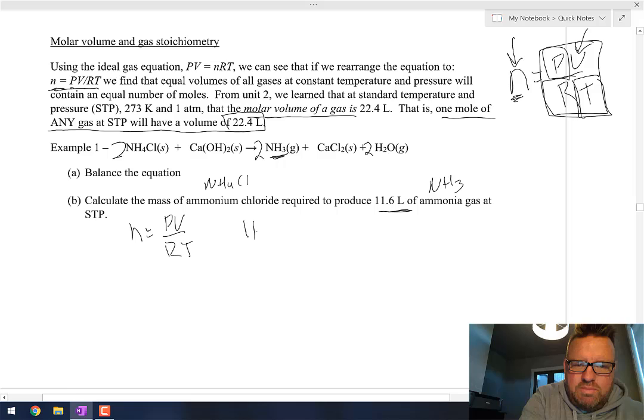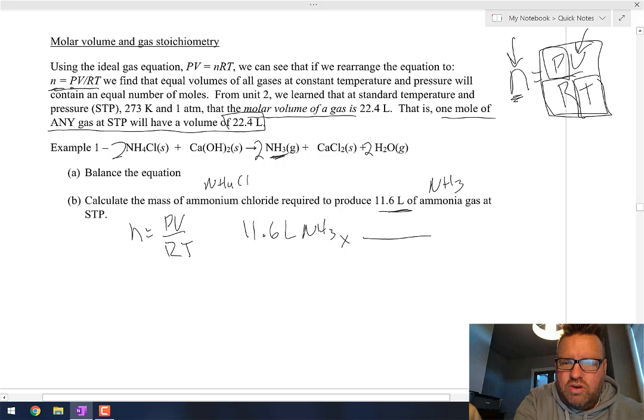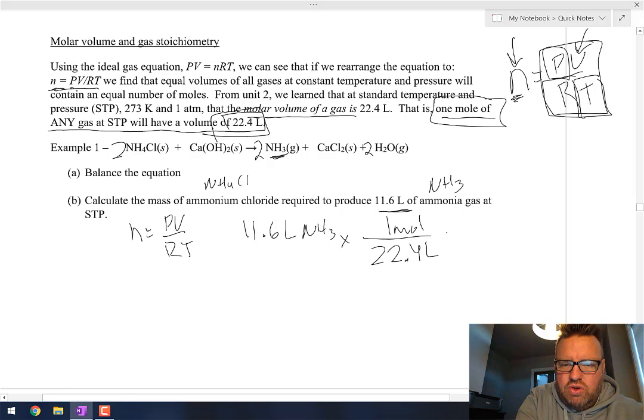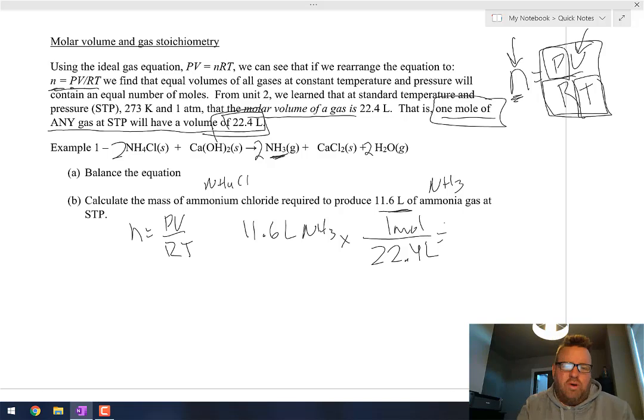Or you simply take 11.6 liters of NH3 and use the conversion 1 mole equals 22.4 liters. So we can say 22.4 liters is equal to 1 mole. And see how easily we go from the volume of a gas to the moles of a gas?